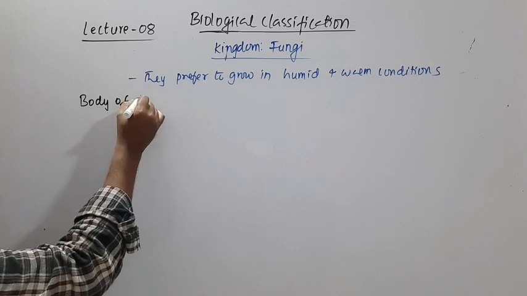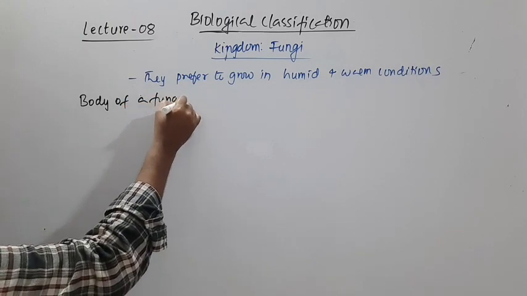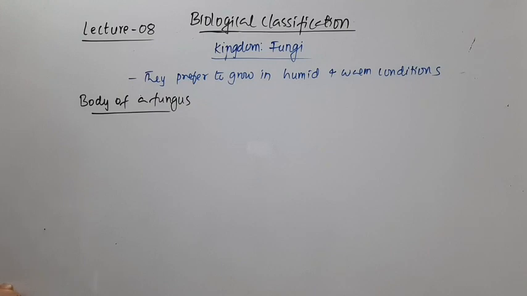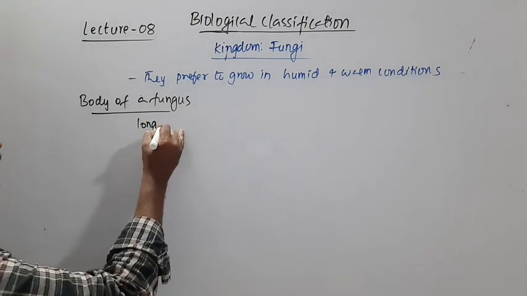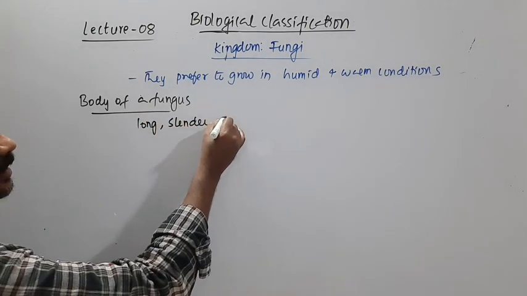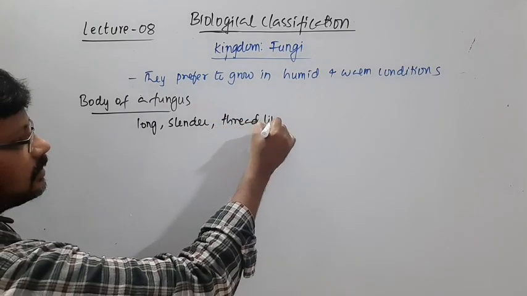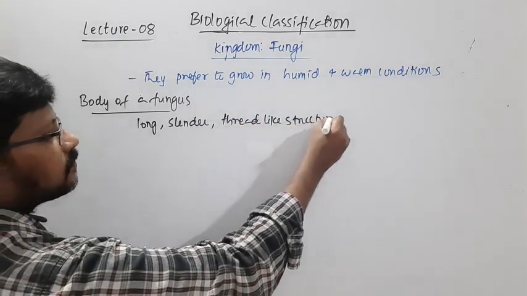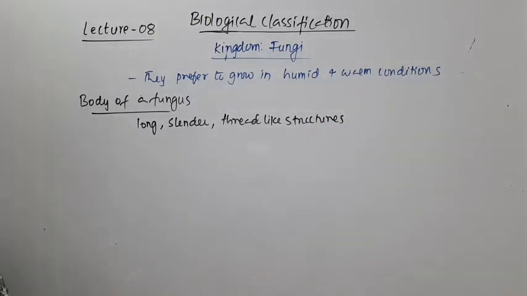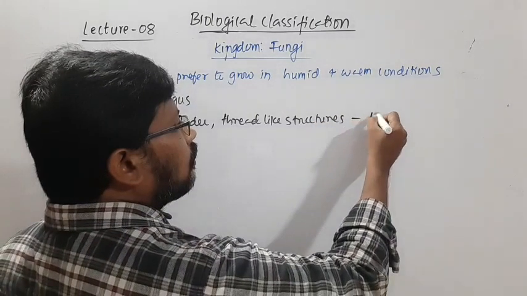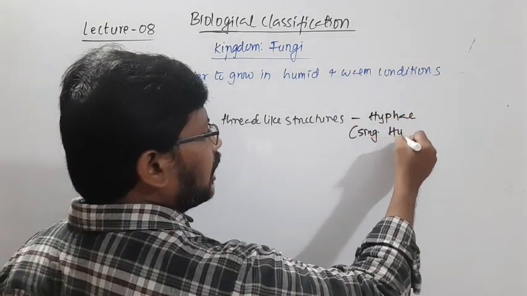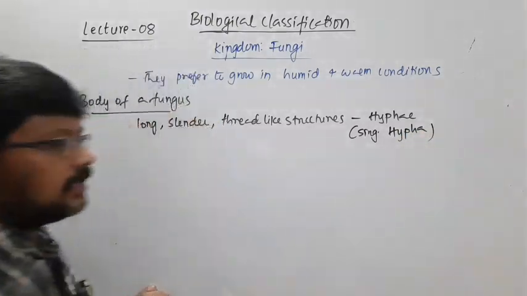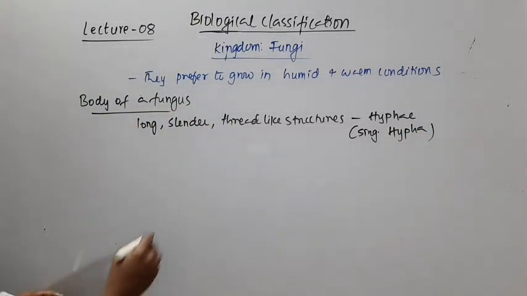The body of fungus consists of long slender thread-like structures. These long, slender thread-like structures are called hyphae. The singular is hypha. Only one filament, or one thread-like structure, is called a hypha.